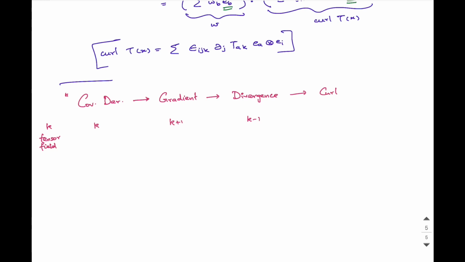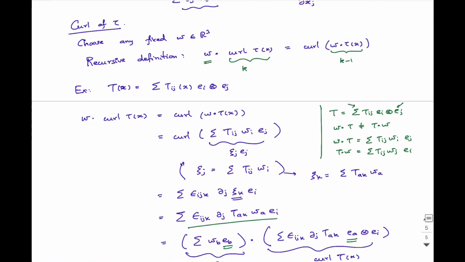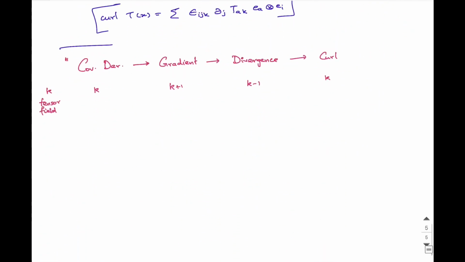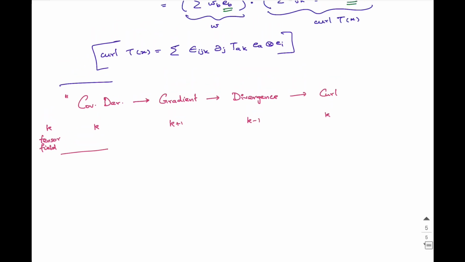And finally, the curl of a tensor field of order k is also a tensor field of order k, and that is easily seen from this expression. If you look at the definition of the curl, if tau is a tensor field of order k, then curl of tau also has to be a tensor field of order k, so that this expression is satisfied. Okay, good.